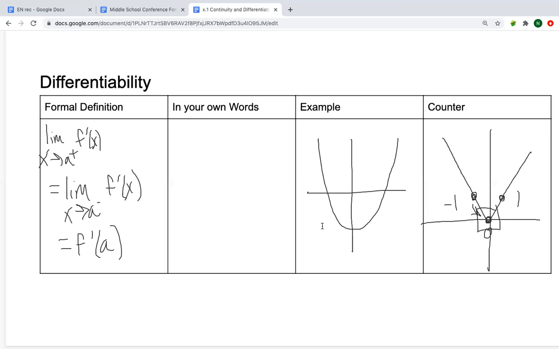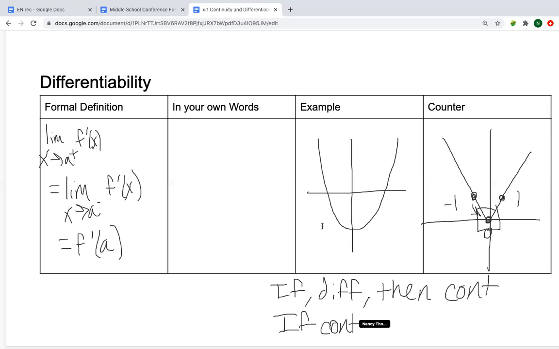Something we can think of, a little cheat sort of, is if it is differentiable, then it is continuous. But if it is continuous, it could be or not be differentiable.